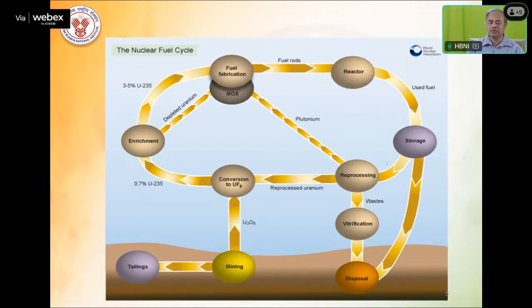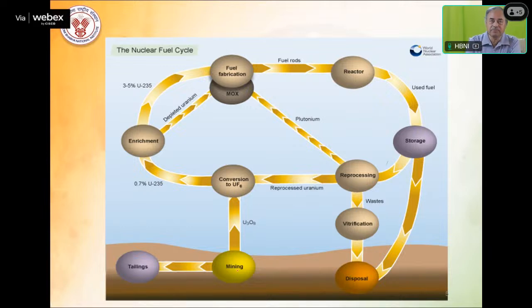So this is the nuclear fuel cycle, one pattern diagram, which is mostly applicable for the light water reactors. We have light water reactors at Kudankulam, but mostly abroad light water reactors are used.